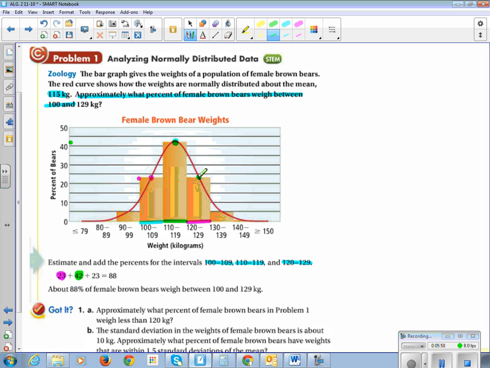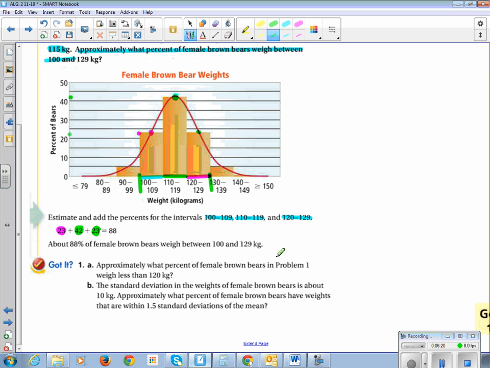And we get this data point right here, which is about 23. And we add those three items together. So that's between 100 and 129. So about 88% of female brown bears weigh between 100 and 129 kilograms.